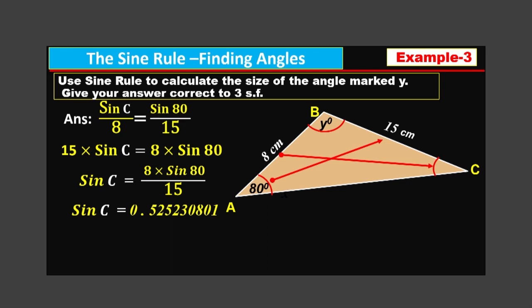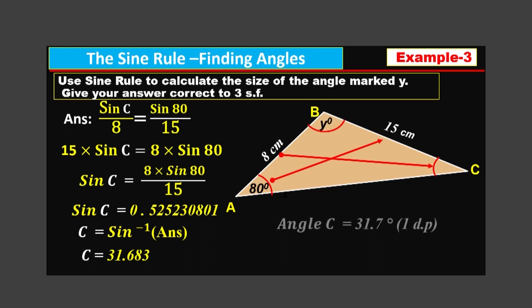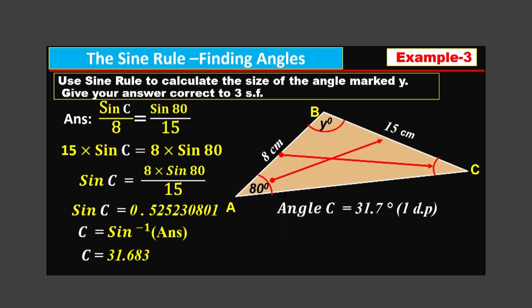As the target is to get the size of angle C, you can take the sine inverse. So, the answer would be C equals 31.683, and you may write your answer to 3 significant figures. So, we have received the angle C as 31.7 degree correct to 1 dp.